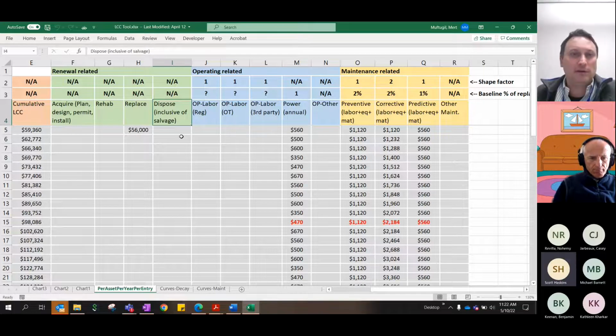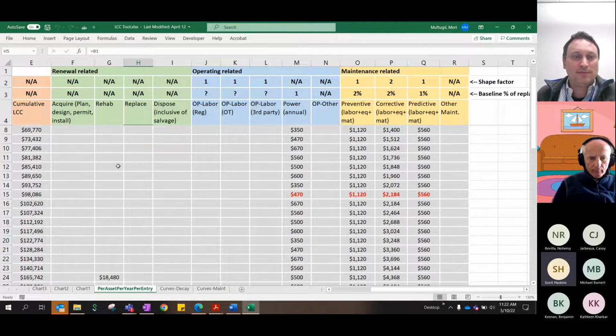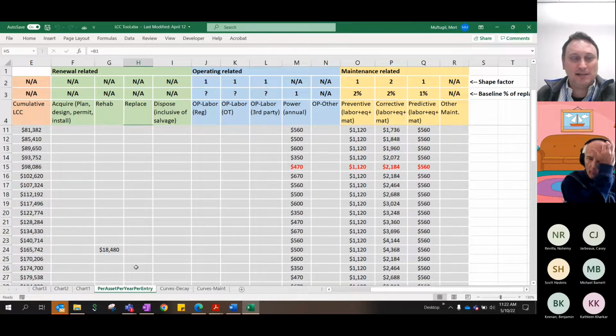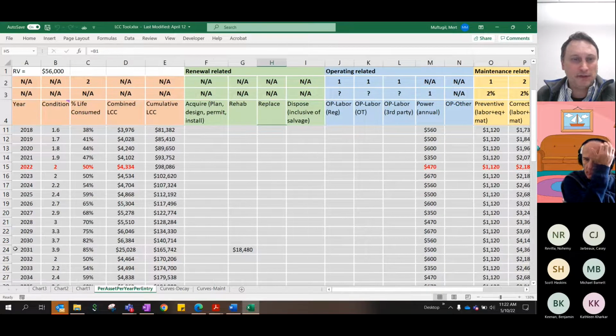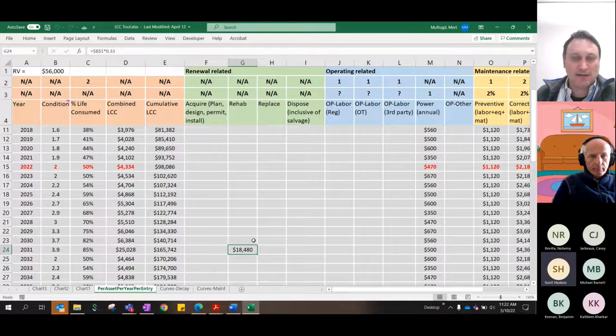In this example, we make the assumption that we already had one asset there, it aged, and in 2012 we replaced it for that cost. So this is the way it's set up. But as you scroll down a little bit, you'll see that in coming years, in 2031, we are expecting to rehabilitate this asset. So there's a cost, and we are tracking it here. It may be a little earlier, a little later, but somewhere there we're going to spend some money on rehab. Obviously on a one asset basis, this doesn't mean much.